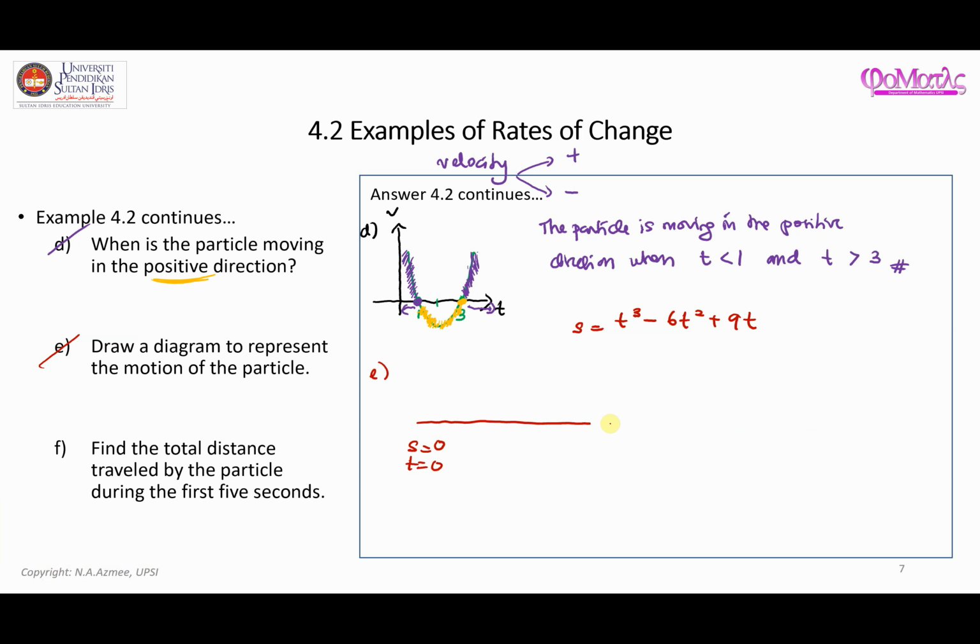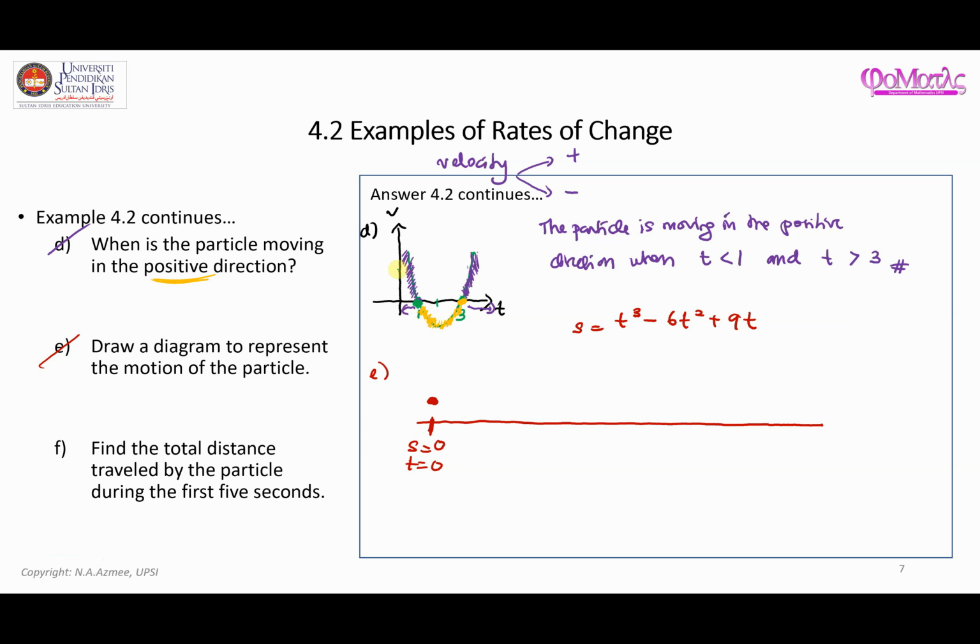So this is the line that represents the distance here. So this is at point s equals 0, and this is the position of the particle at that point. Okay, right, so now we can see that when t is between 0 and 1, in particular, this is the point of interest. When t is equal to 1, the particle is going to stop.